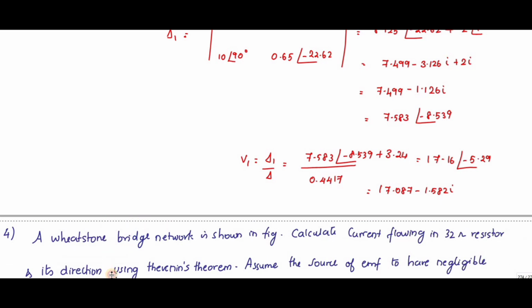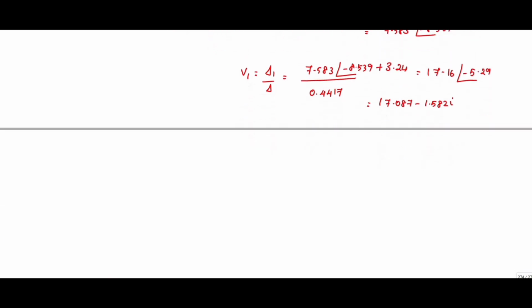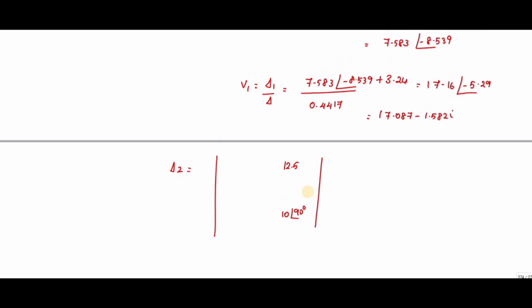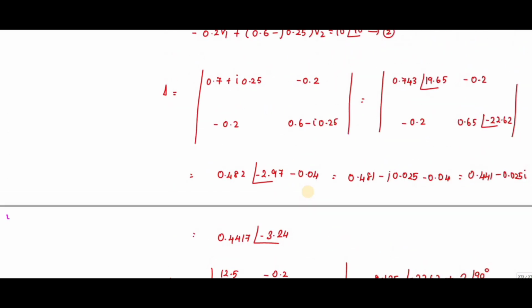So what is del 2 now? Del 2 is equal to this is 12.5 and this is 10 of 90 degree. What is del? Del is 0.743, 9.65 minus 0.2. This one again.